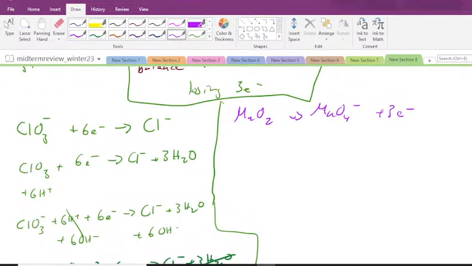So what do we need to add to this one to balance it? You need 2 H2O on the reactant side. And then how many H plus do we need on our product?